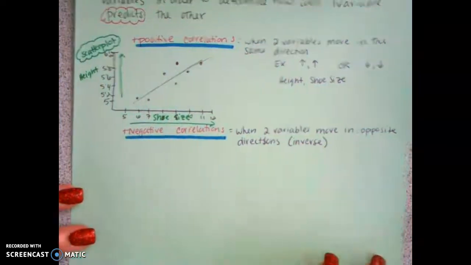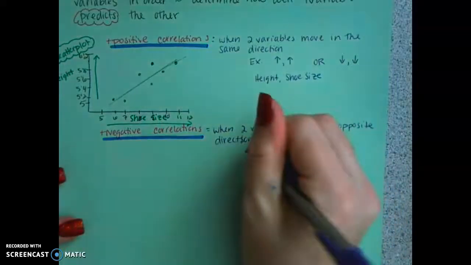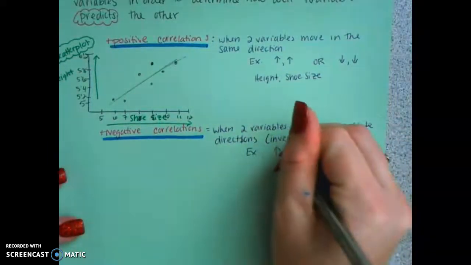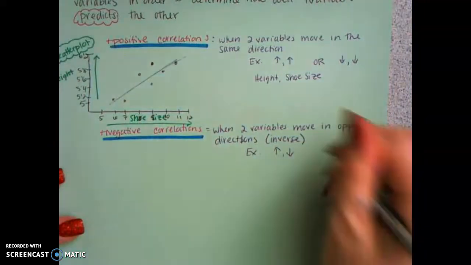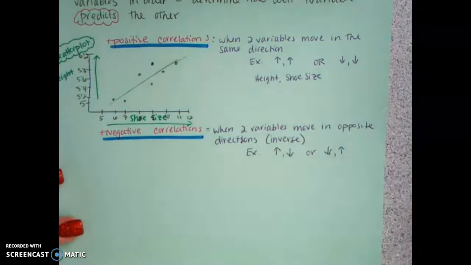So they're opposites of each other. So the example would be when the first variable increases, then the second variable is going to decrease. Or when the first variable decreases, then the second variable is going to increase.